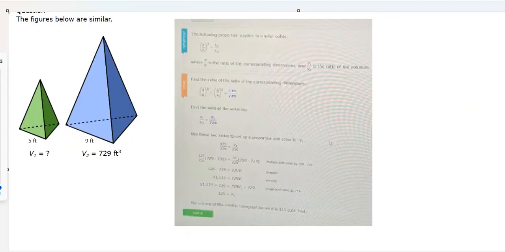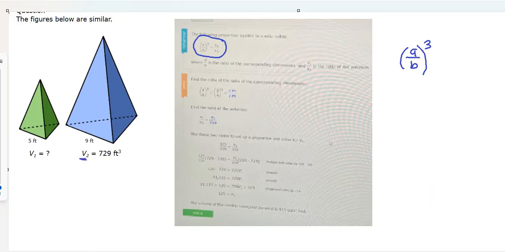Okay, so for this one that you sent me, this right here, which is really small and hard to see, is your formula. It looks like it says A over B, all that's cubed, because this is volume.